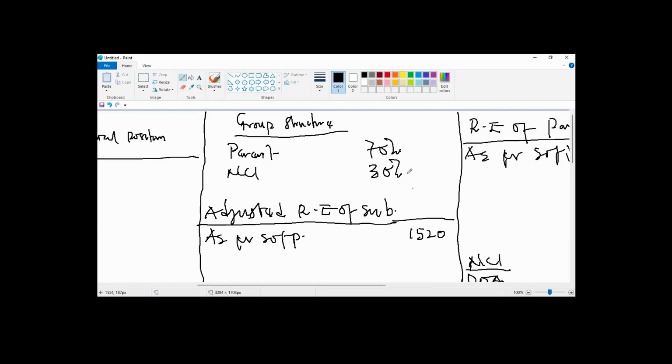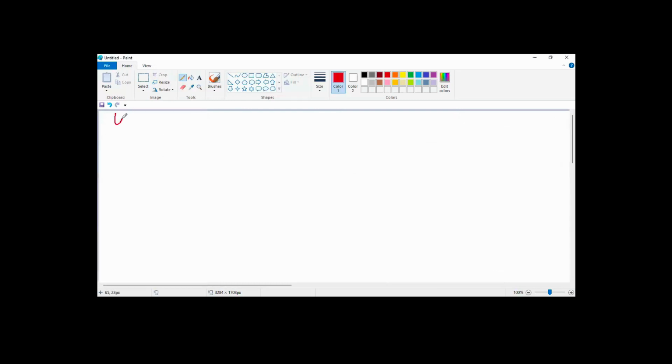That's all. He said on 1st January 2000, date of acquisition. I'll quickly note that in my workings. I'll say workings, date of acquisition.